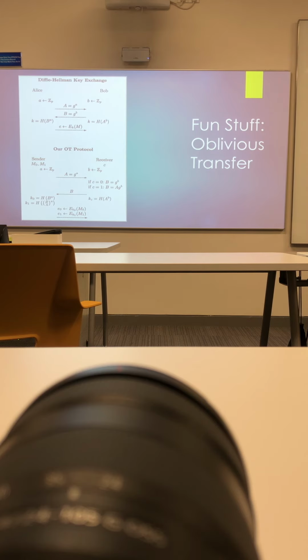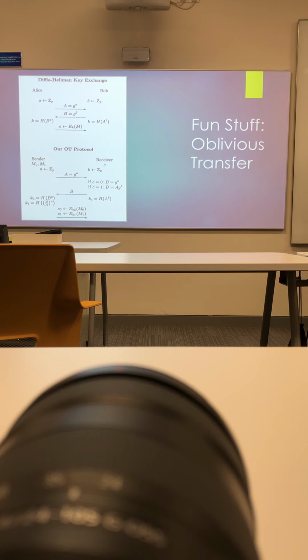But if he sends over, say, A times g to the b, and he gets both of these options back, and he computes g to the a to the b, then this value is actually going to be equal to B over A to the a, because you have to get rid of the A that he already multiplied by.